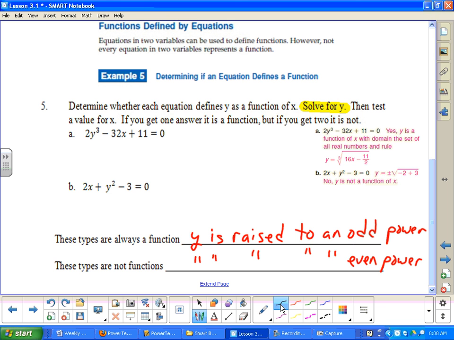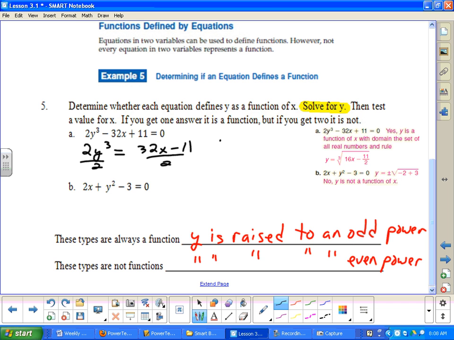All right, so for letter A then, if we're solving for y, that means we need to move the 32x and 11 to the other side. So we have 2y cubed equals 32x minus 11. Then we divide by 2.